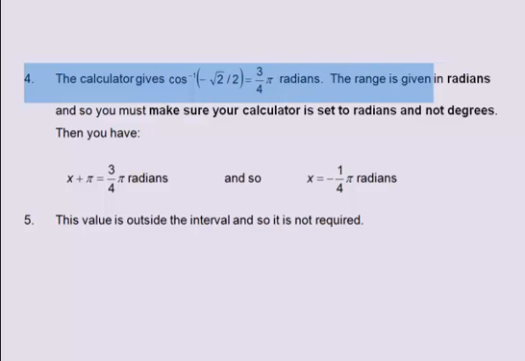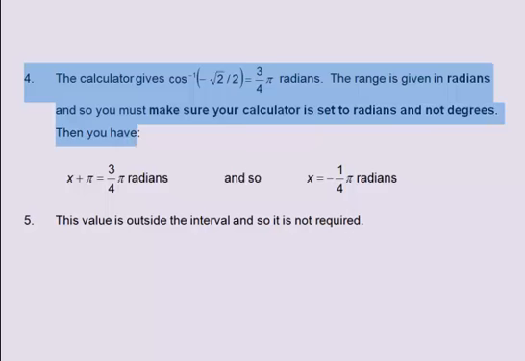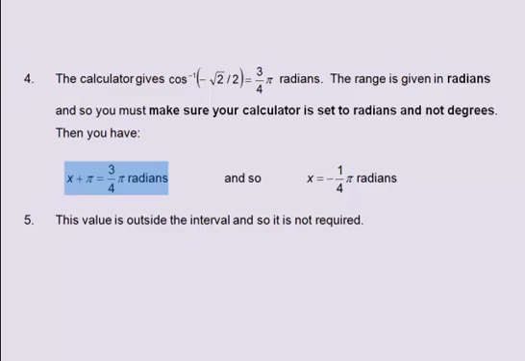The range is given in radians, and so you must make sure your calculator is set to radians and not degrees. Then you have x plus pi equals 3/4 of pi radians. And so, after subtracting pi, x equals minus 1/4 pi radians.